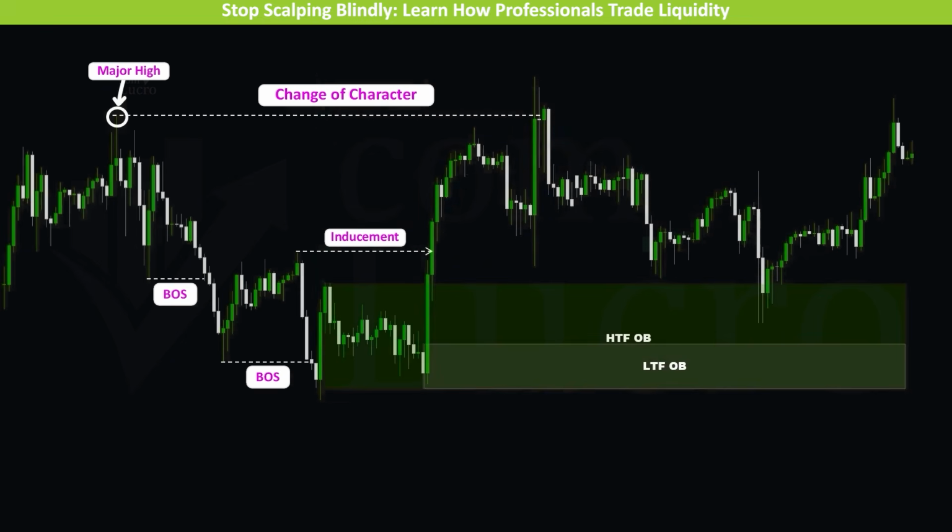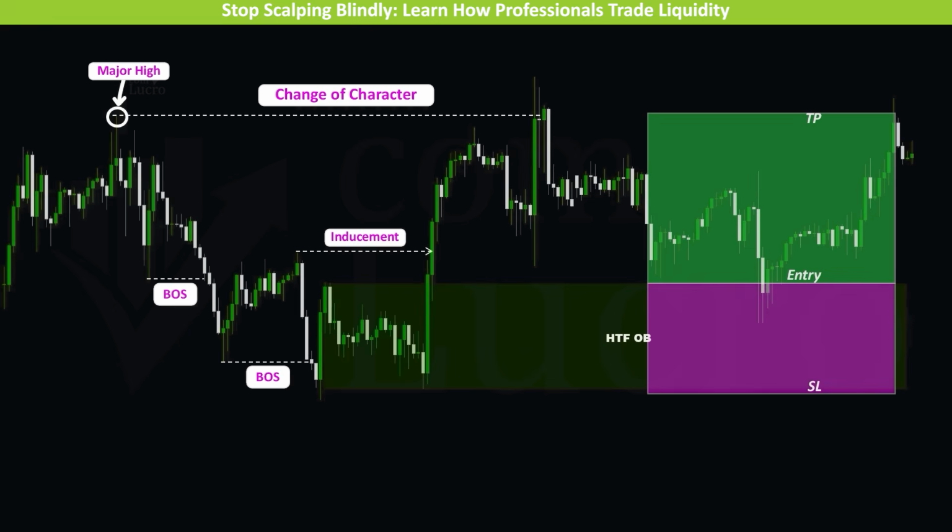If your goal were simply to participate in the move using the higher time frame order block, you could have placed a buy limit at the top of that order block with the bottom of the zone acting as your stop loss. This would have placed you in the trade, and price likely would have moved upward after triggering your entry. However, this type of entry comes with a wide stop loss, which reduces the reward to risk ratio and increases the potential damage if the trade turns against you.